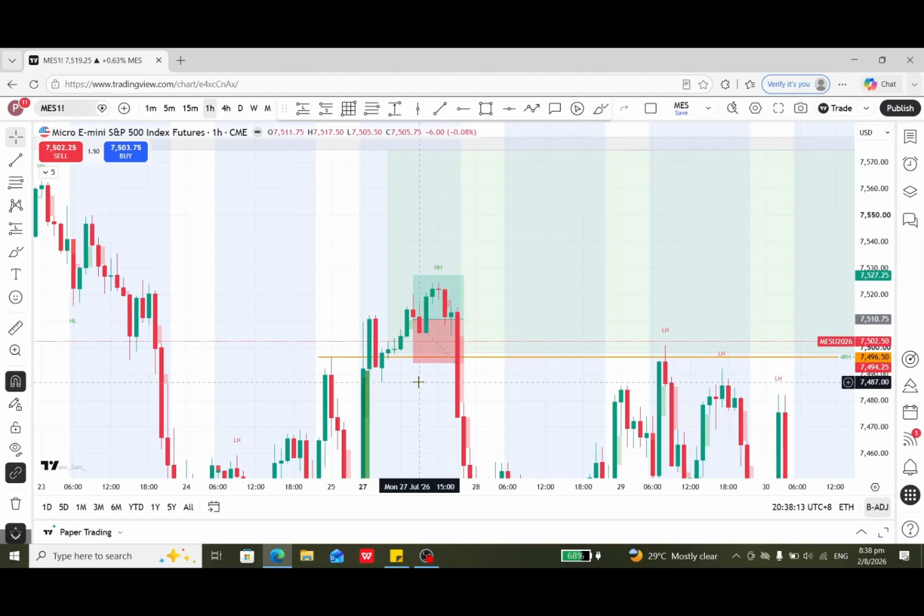After the trade triggered, the next hour candle still came back to this 1 hour gap. So this is the 1 hour gap.